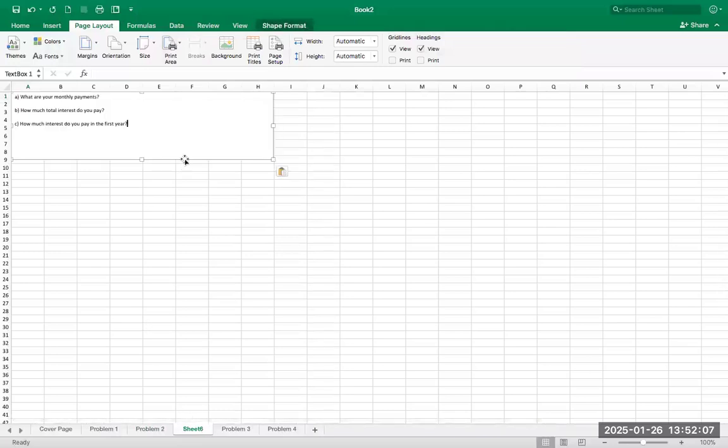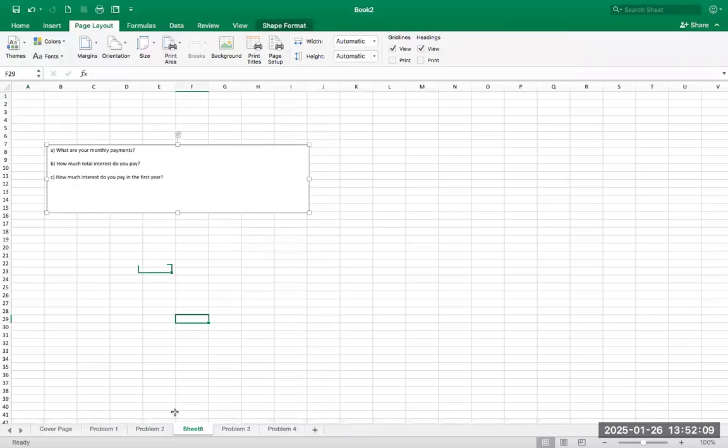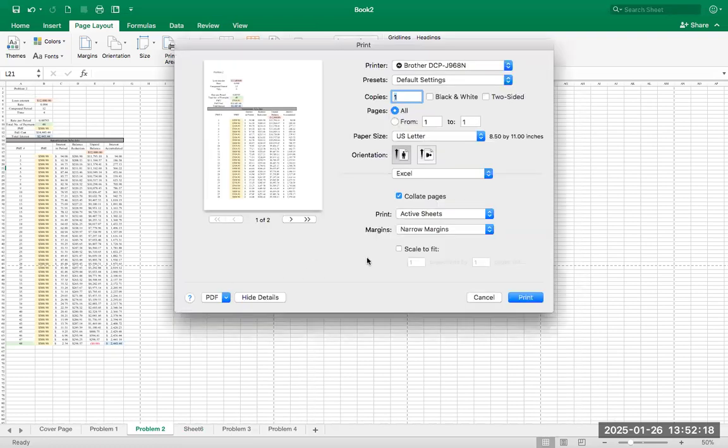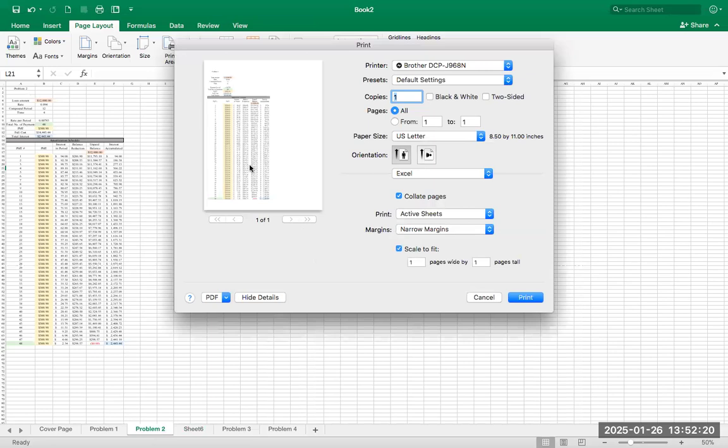There we go. That way, maybe I can go ahead and delete that. And then I can fit this portion into one sheet. That might be actually the best option when I do fit to scale. That way I see all of my answers. It's nice to see, and then my next page will have all of my listed answers.